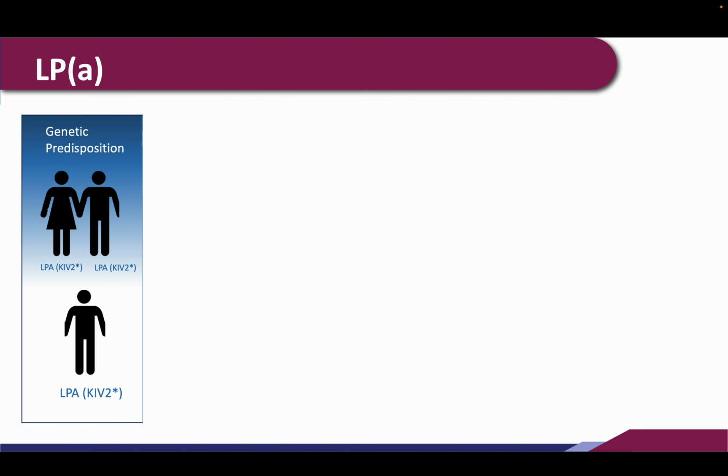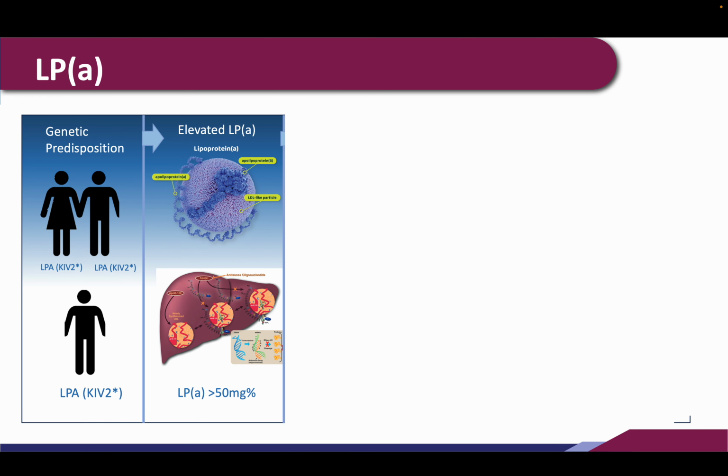Let us talk about LP little a. Do you have a genetic predisposition? It does not follow a Mendelian autosomal dominant or recessive mode. If you have one gene, we would have an increase in LP little a. If you have two genes, we are likely to have a still higher percentage of LP little a in our body.